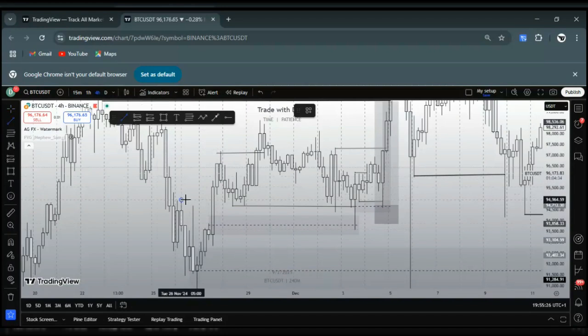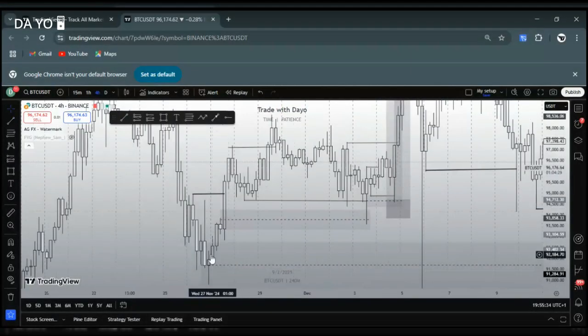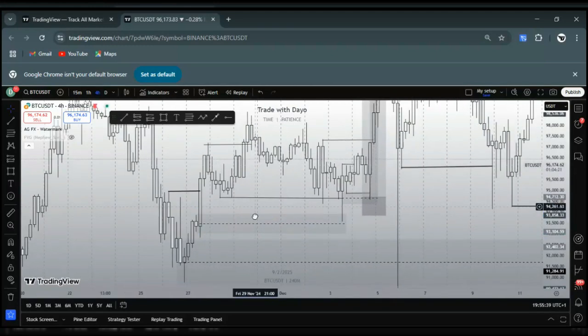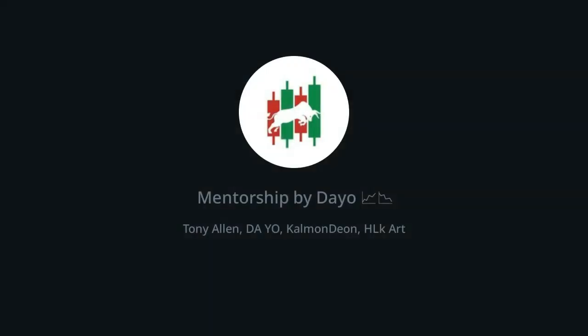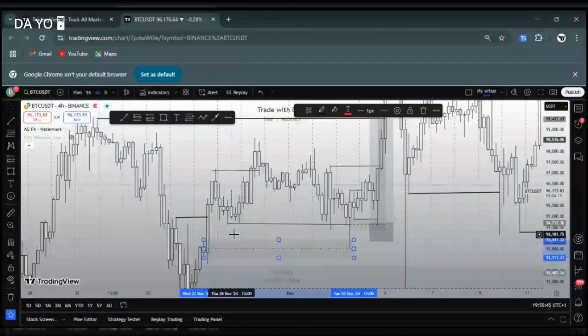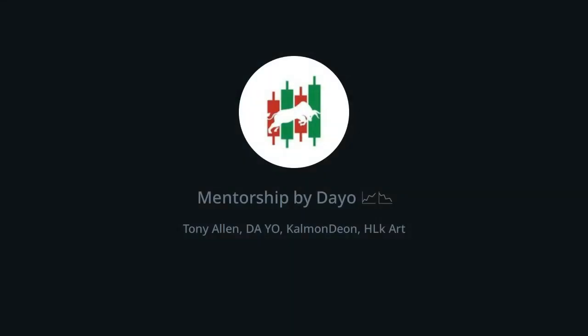Change of character here, change of character, created multiple order blocks like this. This is how to mark out your order block, your last negative or your last positive candle to either the upside or the downside. So now it has broken structure, then broken another structure again.